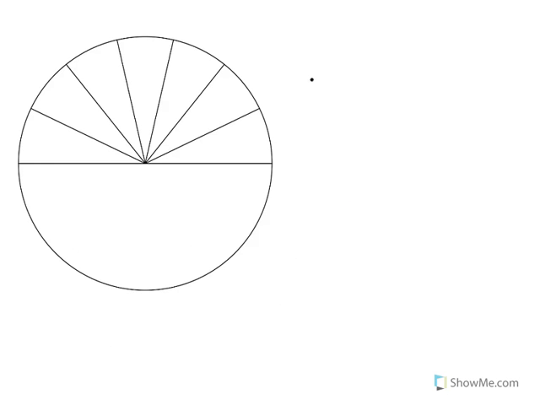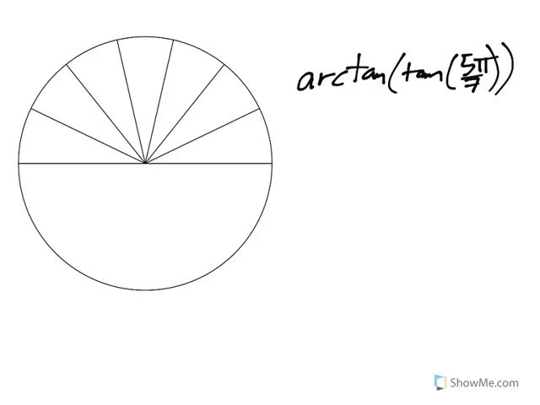So the next one, arctan of tangent of 5π/7. I'm going to do the same kind of thing at first. This is some slope. Well, let me see where that is. And here's 1 π/7, 2, 3, 4, 5π/7. And so we're talking about the slope of that line, which I'm now calling m.